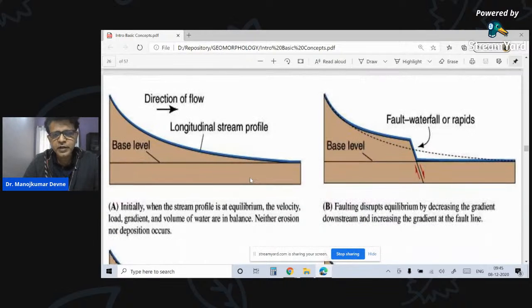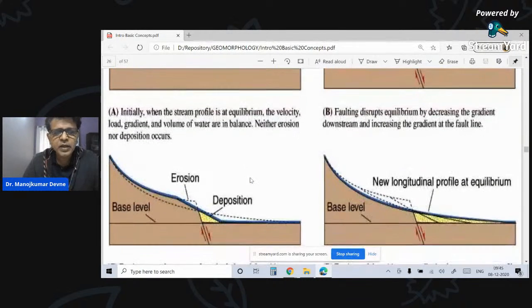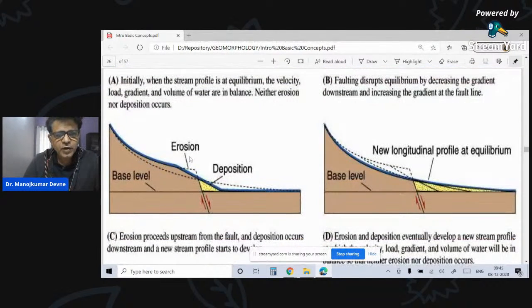So this is a very interesting and important concept, that something above the graded profile will be eroded and will be deposited in locations where it's below that. So you'll see that first stage, second stage, third stage, 1, 2, and 3 will fill up 1, 2, and 3. So this is the new longitudinal profile of equilibrium.